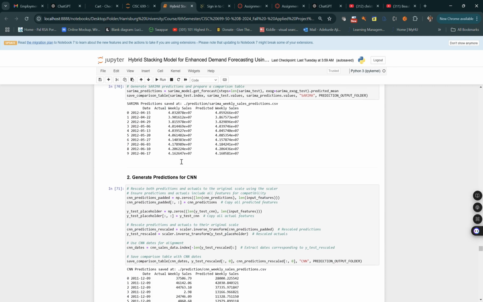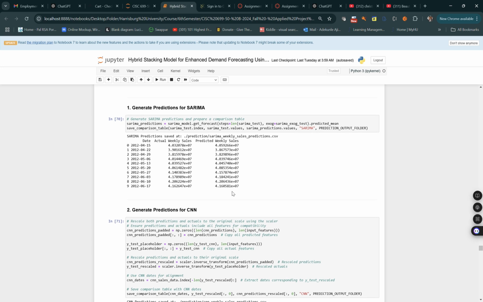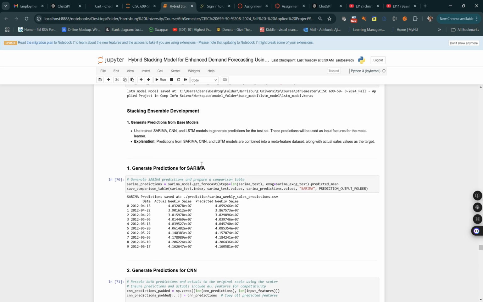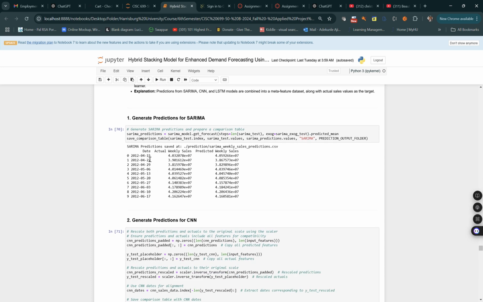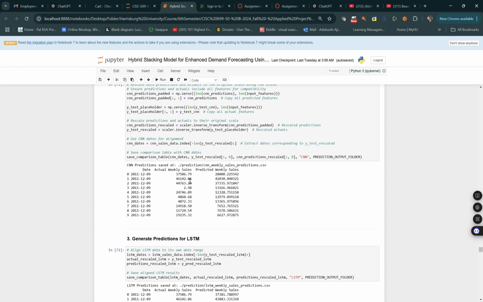So that one as well, and we try to compare all of them together. Let's see the SARIMA individually. This is the actual weekly sales, and this is the predicted weekly sales. You discover that SARIMA actually performed very well compared to the other models, while CNN performed very poorly.